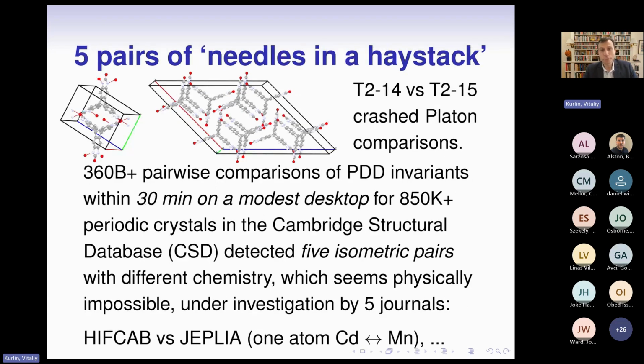Of course, we applied it to the Cambridge Structural Database, the largest in the world. And to our surprise, it was already 4.5 years ago, we found several cases when the distance between our invariants was exactly 0.